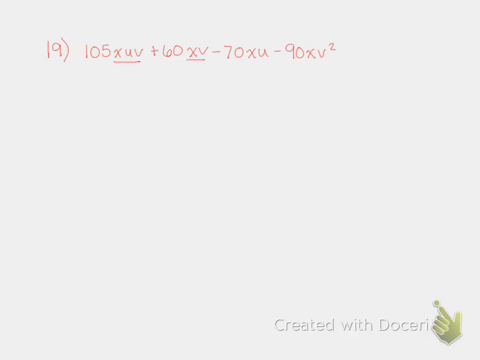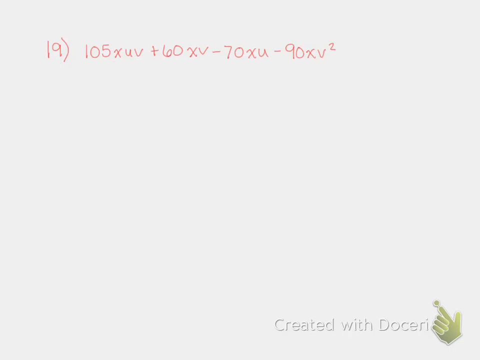Well, what's the only thing I can factor out of those two? Is an x. And I'll have uv in the first one and v in the second one. If I group the next two, I have xu and xv squared. The only thing I can factor out is an x, and I'm only going to have u minus v squared. That's not the same as what I have in the first one, so the normal grouping is not going to work. Okay, so we have to get a little creative.